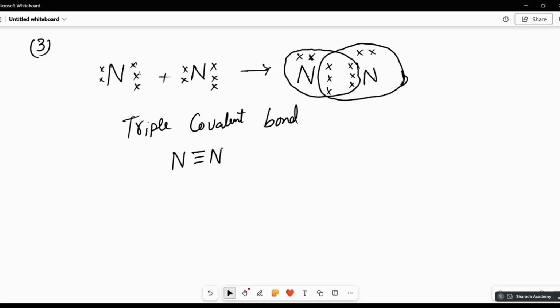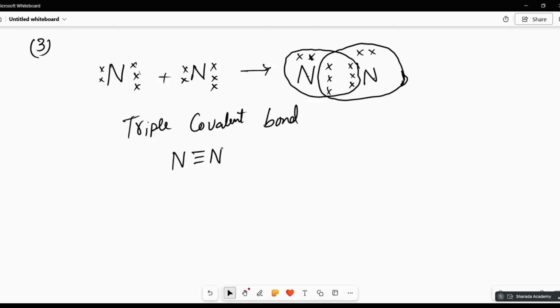For example, you would have heard of saturated fats and unsaturated fats. Saturated means single bond. Unsaturated means double or triple bond. So saturated is difficult to break down, whereas unsaturated is easy to break.